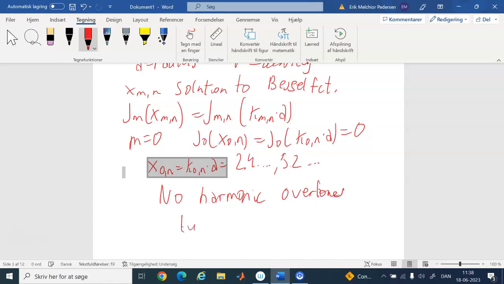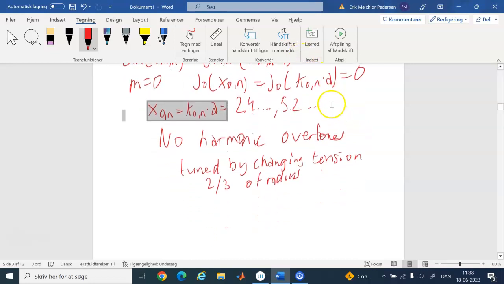Change the tune by changing tension, and hit at 2/3 of the radius to minimize the circular mode.